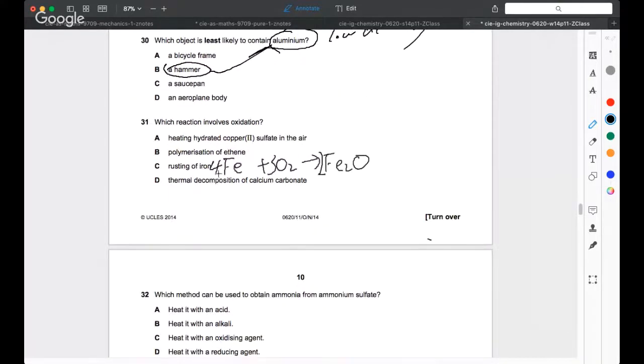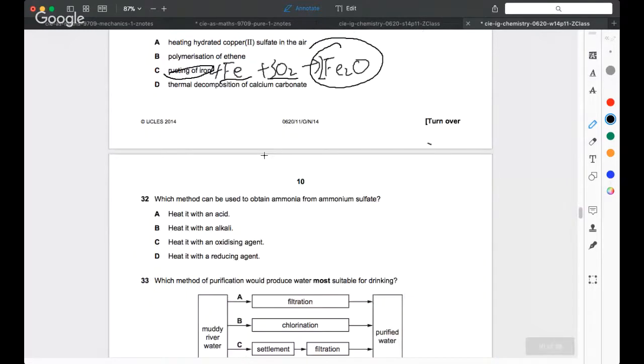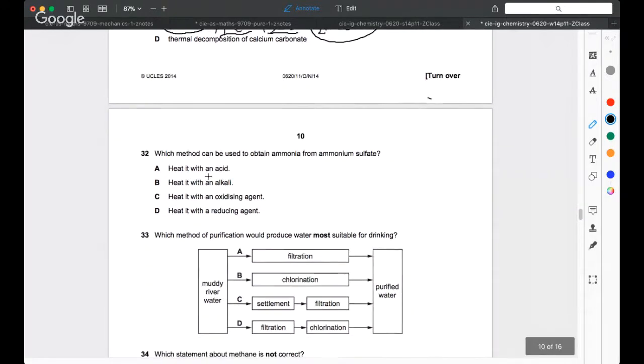Number 31. So rusting of the iron, it involves a reaction between iron and oxygen to give you iron oxide. So number 32. Right. So we are trying to obtain ammonia from ammonium sulfate.